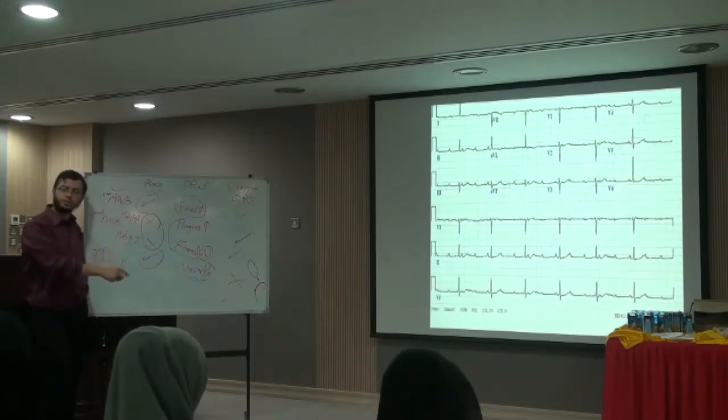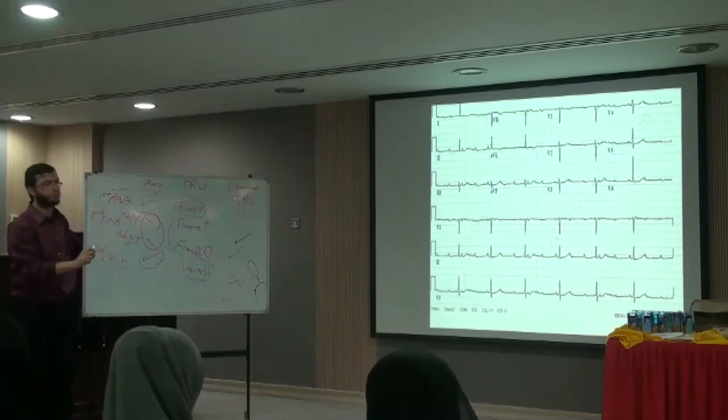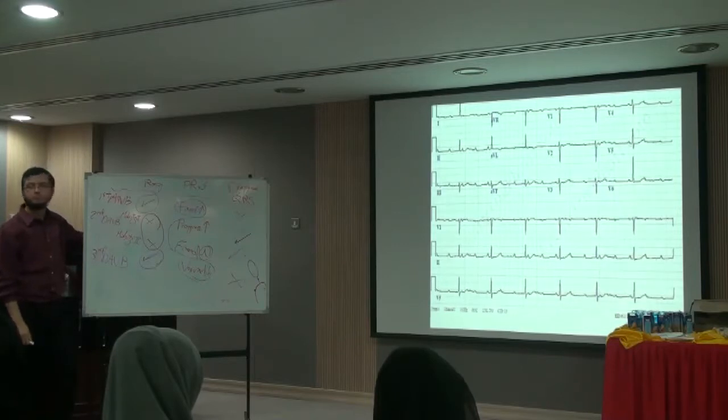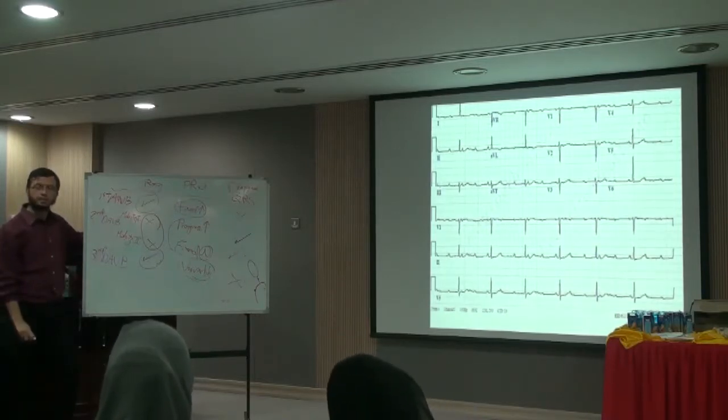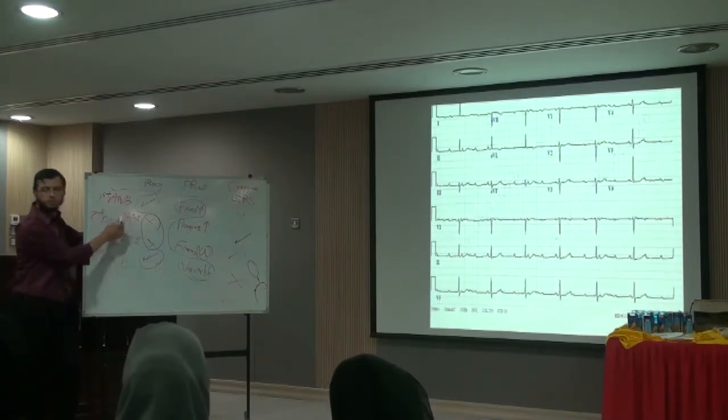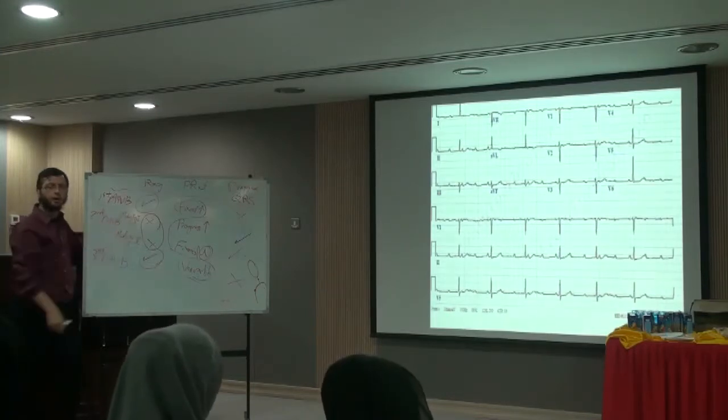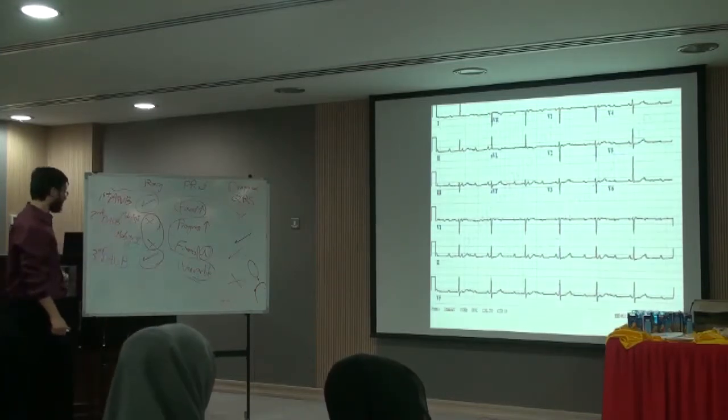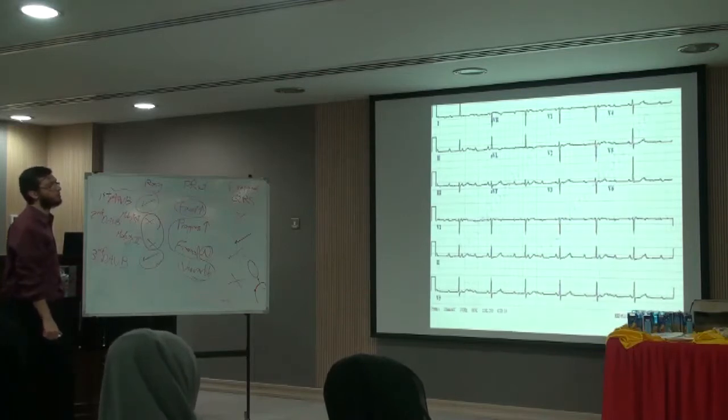You can say third degree AV block, but don't say AV dissociation, because AV dissociation is a bigger state. And the high degree AV block is Mobitz type 2. Yeah, and it can happen also with Mobitz type 1. So Mobitz type 1, and whenever there is a dropped beat, it can be high grade. It can drop once or twice or more.